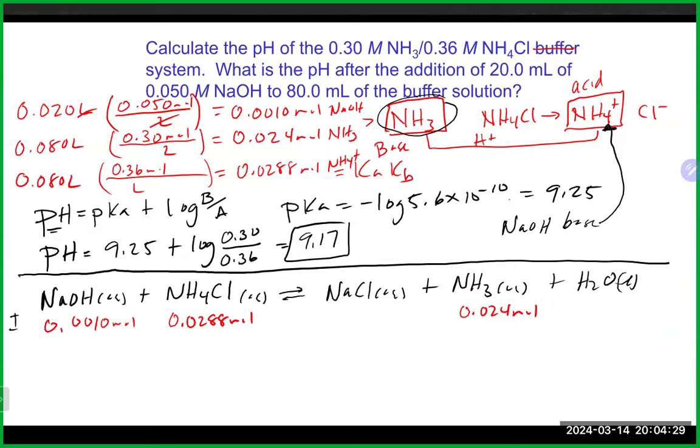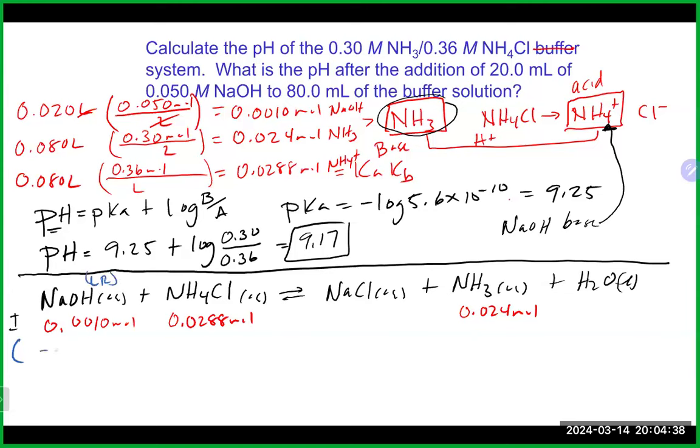So we're going to take our smaller number here, which is our sodium hydroxide, the limiting reagent. We're going to go minus 0.001, minus 0.001, and now a plus 0.001.